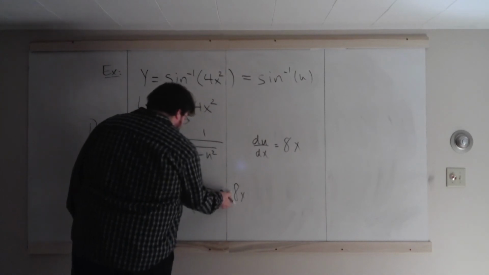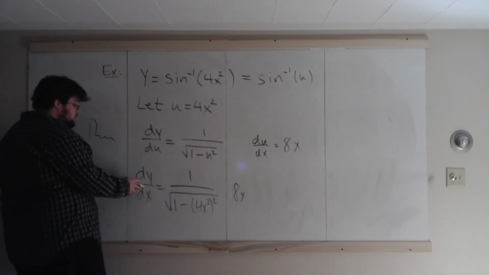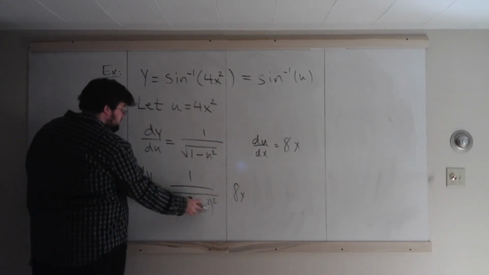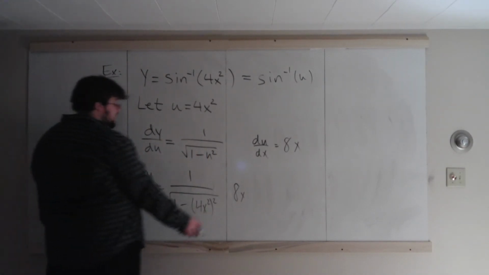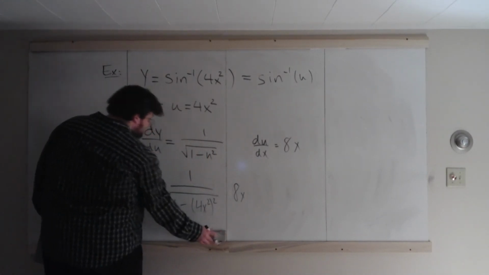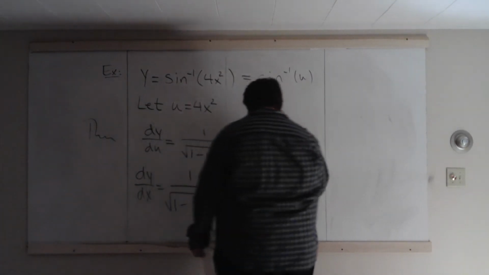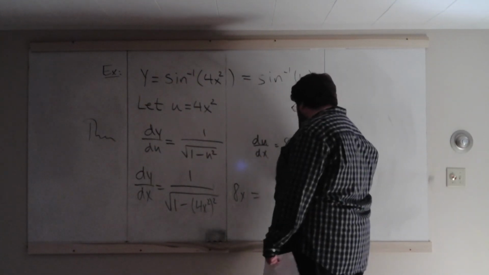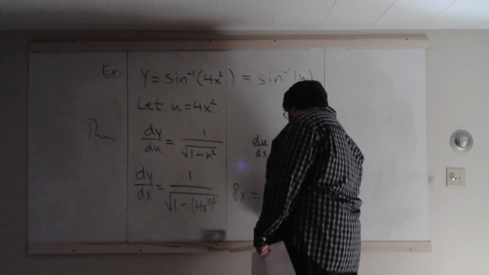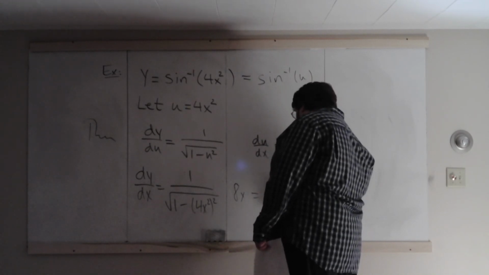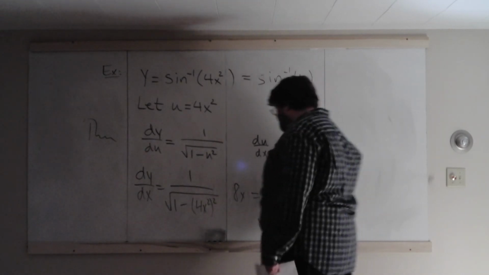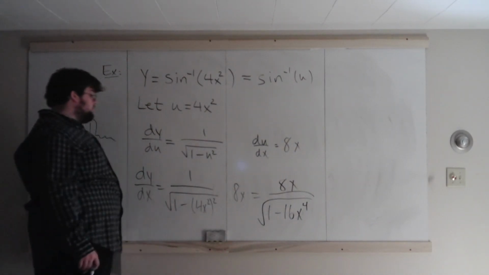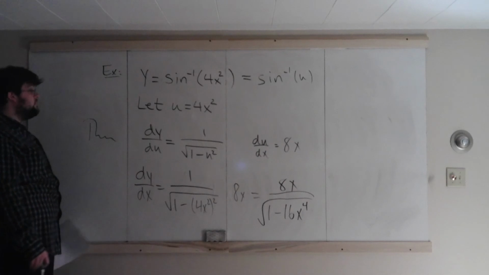I'm not going to write the multiplication dot. So we have dy dx is 1 over root 1 minus u squared, times 8x. And I am going to simplify this one a little. Just write it as one fraction. 8x over root 1 minus, and I'm also going to square that thing, 16x to the 4th.